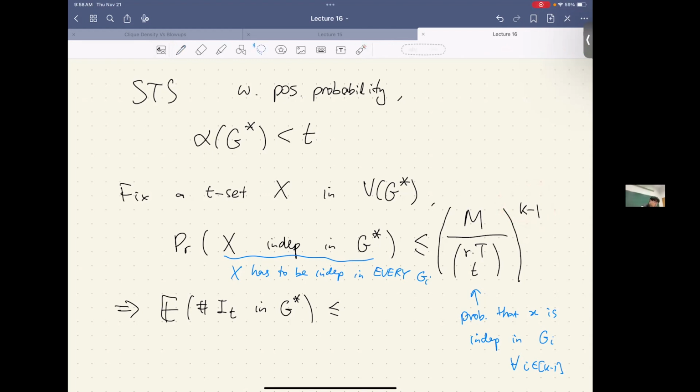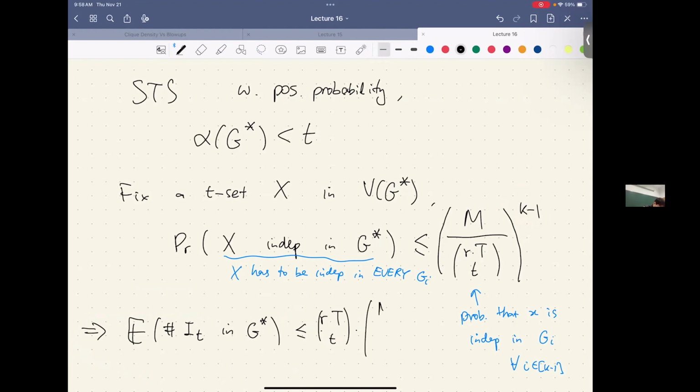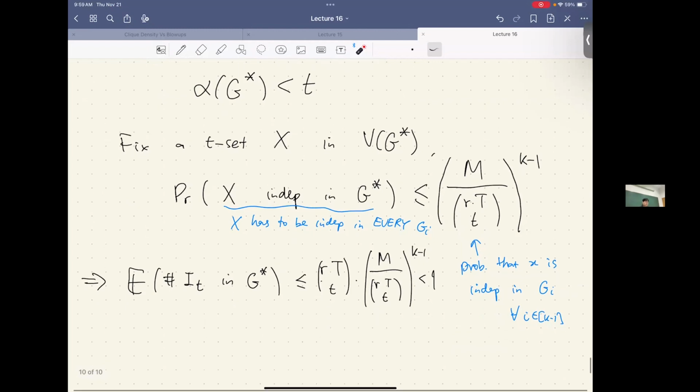So now this is at most the total number of T sets, R T choose T, times this number to the power K minus 1. And by our choice, this will be strictly less than 1. That's how we set up the parameter. And that would imply that G star is the thing we want, right?